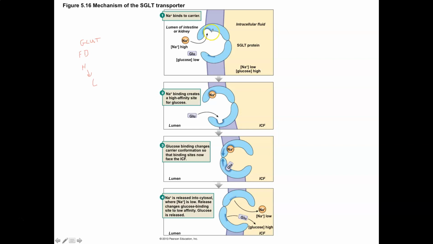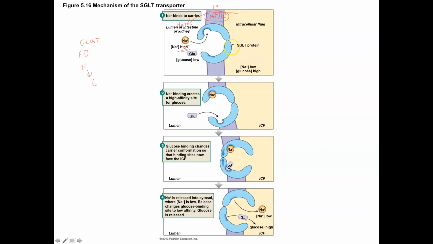So what's not shown in this diagram is the fact that you have a sodium potassium pump that has created the high concentration of sodium outside of the cell. So where does that high concentration of sodium come from? It comes from the primary active transporter.